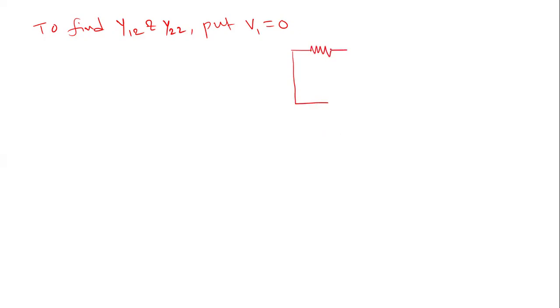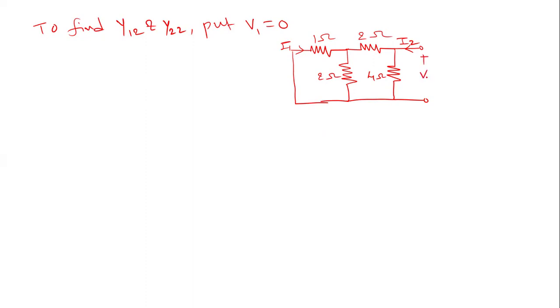This is a 1 ohm resistor, this current is I1, this 2 ohms is connected as it is, and this is 2 ohms. This is a 4 ohm resistor. This is the circuit after substituting the condition V1 equal to 0. This is I2, this is V2.